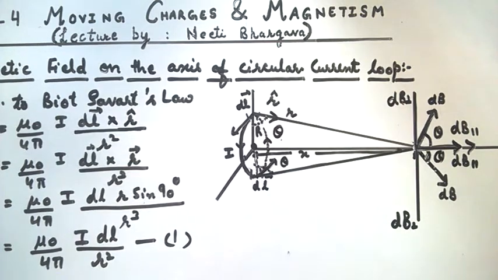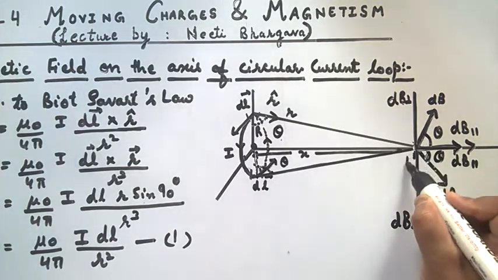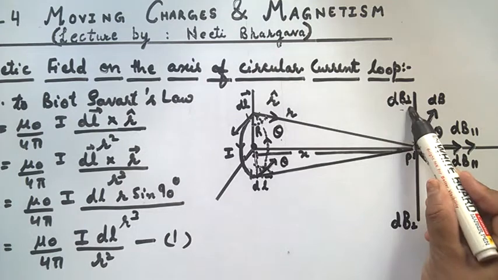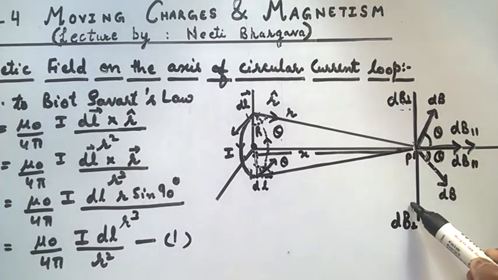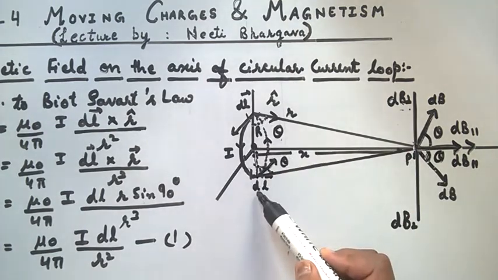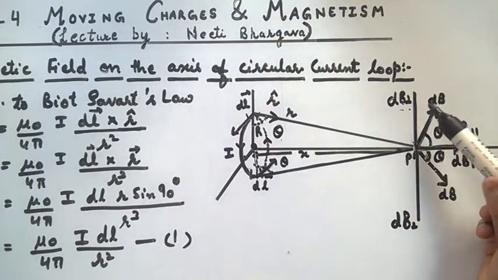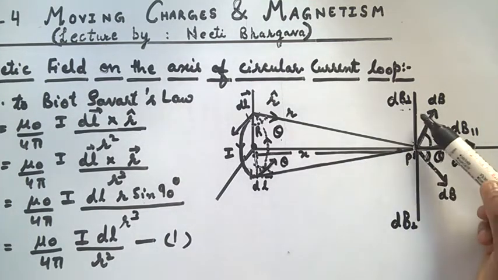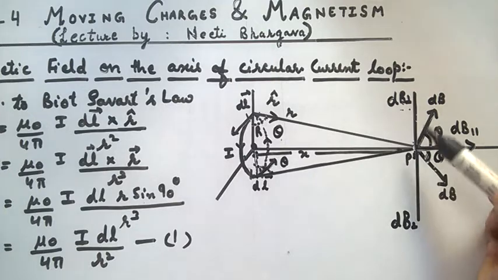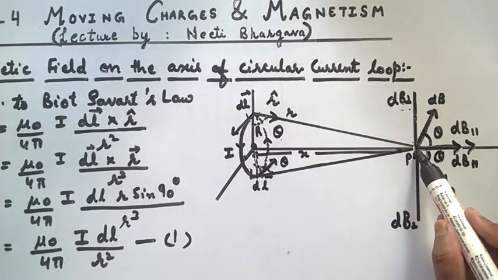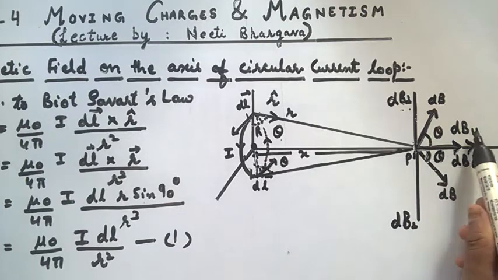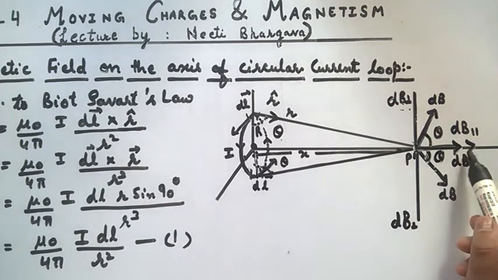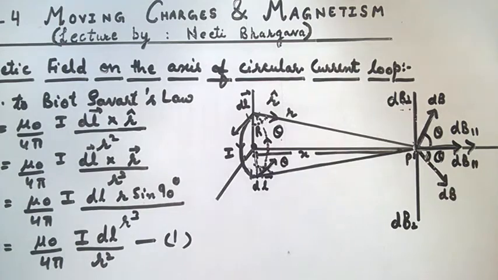Now here we can see that at point P, dB perpendicular due to the given length elements are equal in magnitude and opposite in direction. They will be cancelled out, and we get the value of magnetic field because of these parallel magnetic field components, which is along the axis.